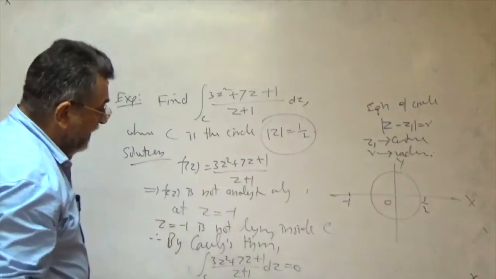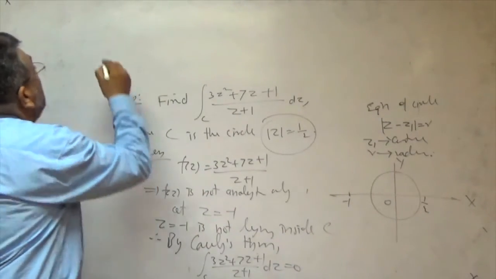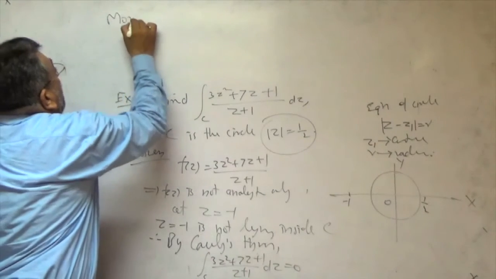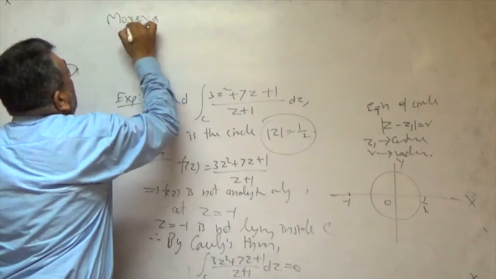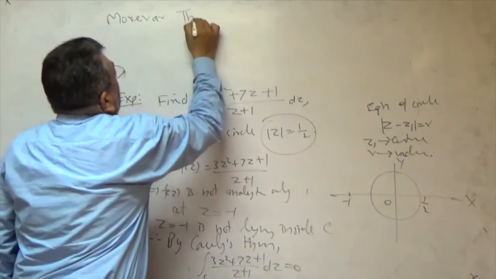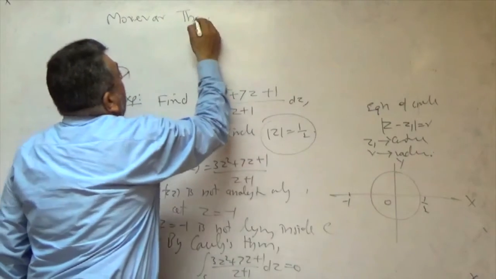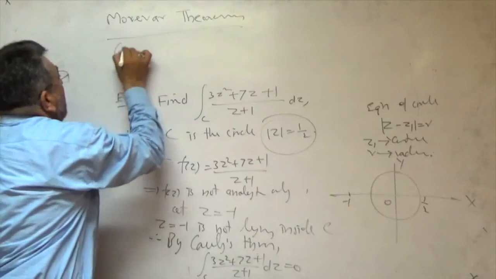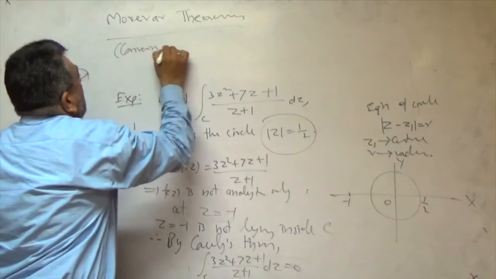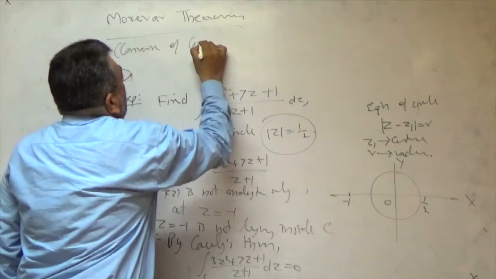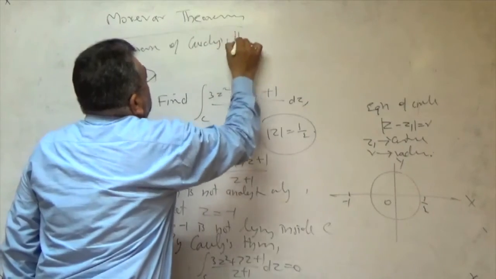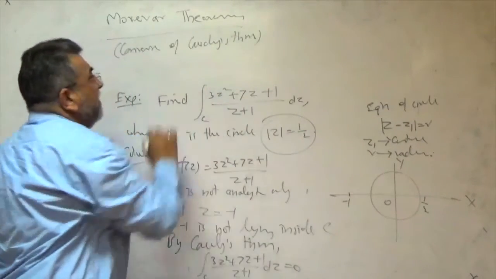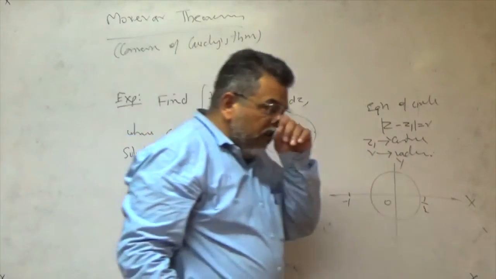And now, next thing, that is Morera's theorem. Another name for it is the converse of Cauchy's theorem.